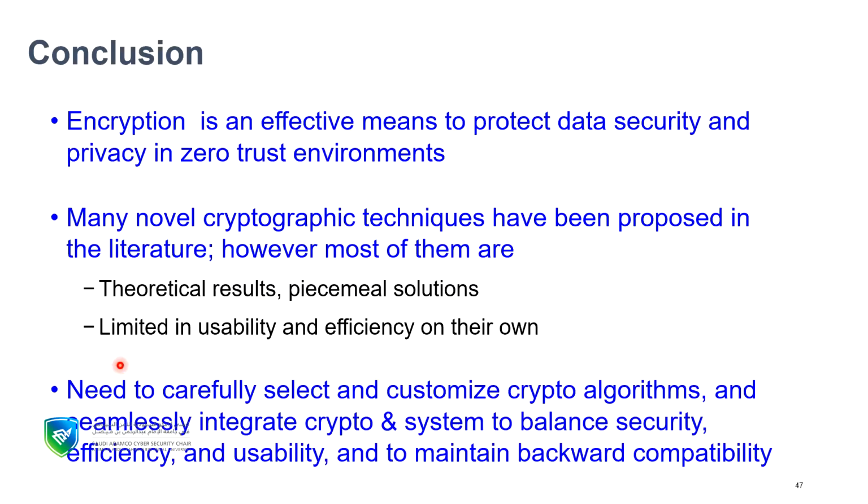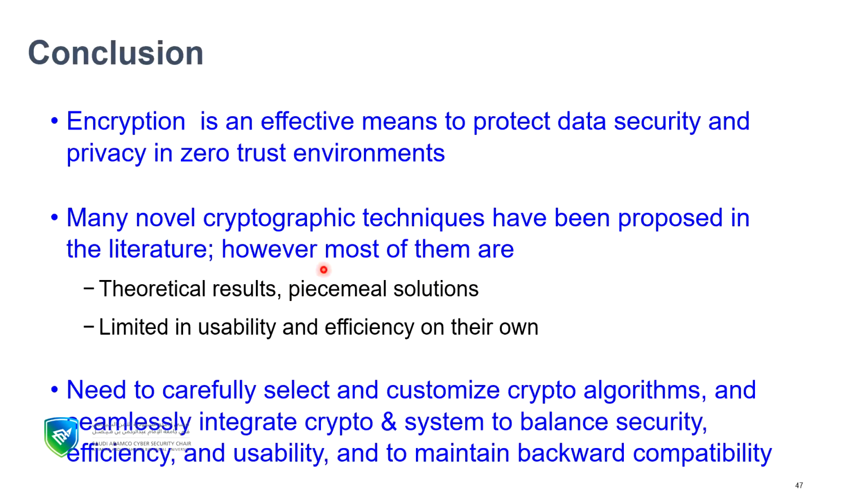Conclusion. Encryption is an effective means to protect data security and privacy in a zero trust environment. And many cryptographic techniques have been proposed in the literature. There are thousands of them, right? And each year more are published in top conferences.